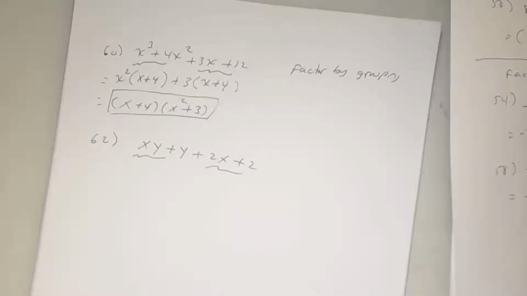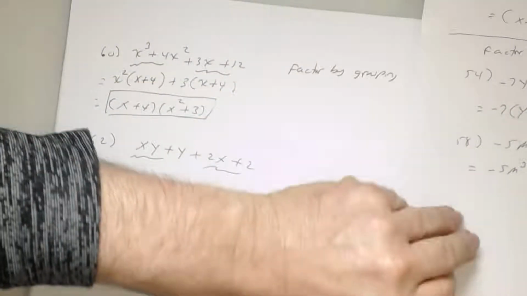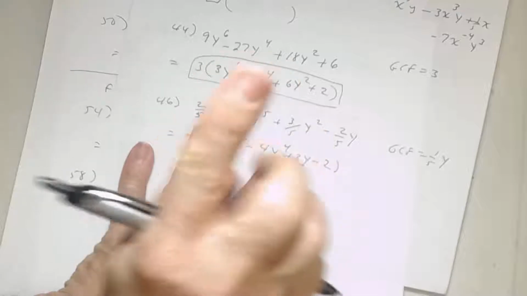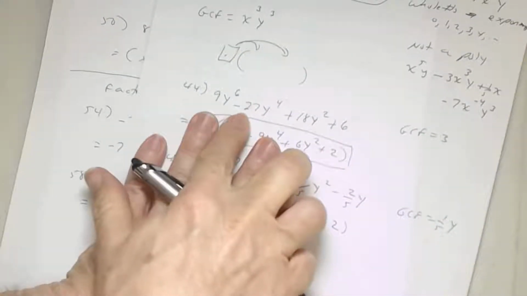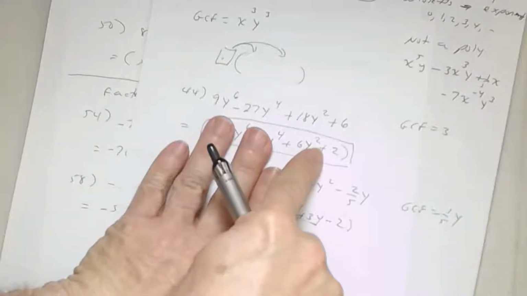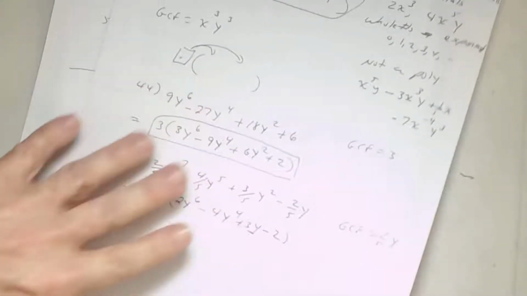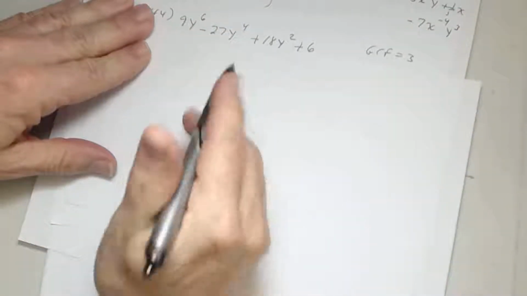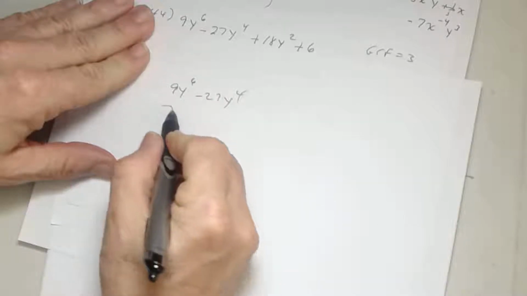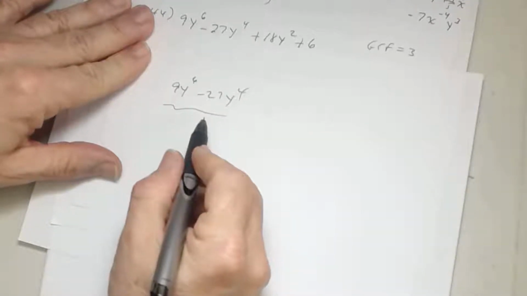So in the other problem that we had 4 terms in, like this one right here, if you had done this by factor by grouping, what's the GCF of these two? 3.